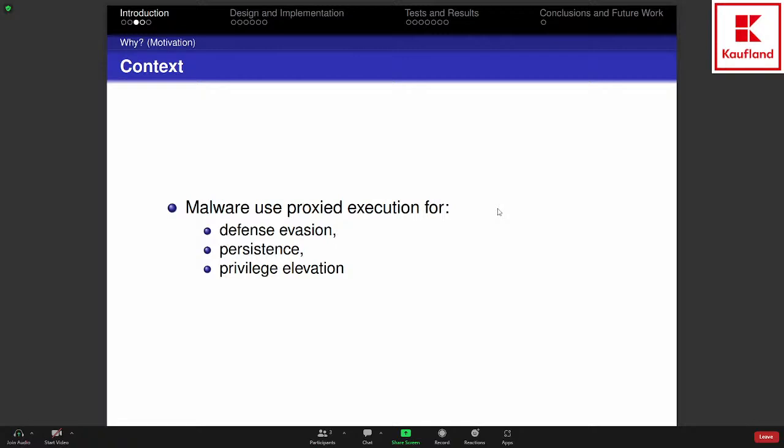Persistence means, in a similar way, if you try to clean up a malware infection, you might miss that a DLL was loaded by teams.exe and is still executing on the machine. And of course, privilege escalation. Those are classic attacks. You have an elevated process which loads a DLL planted by a non-elevated malware. The malware is executing as a low privileged user, and then it executes as a high privileged user.